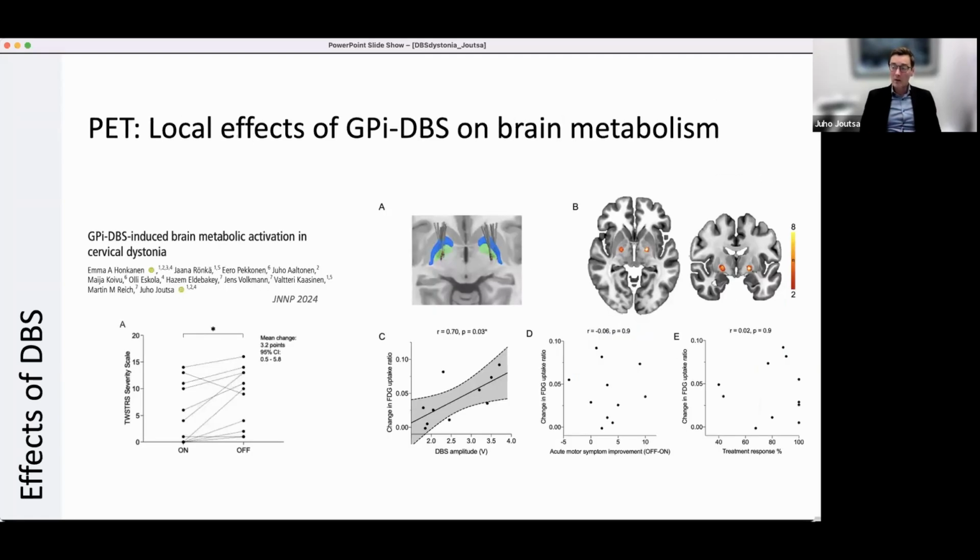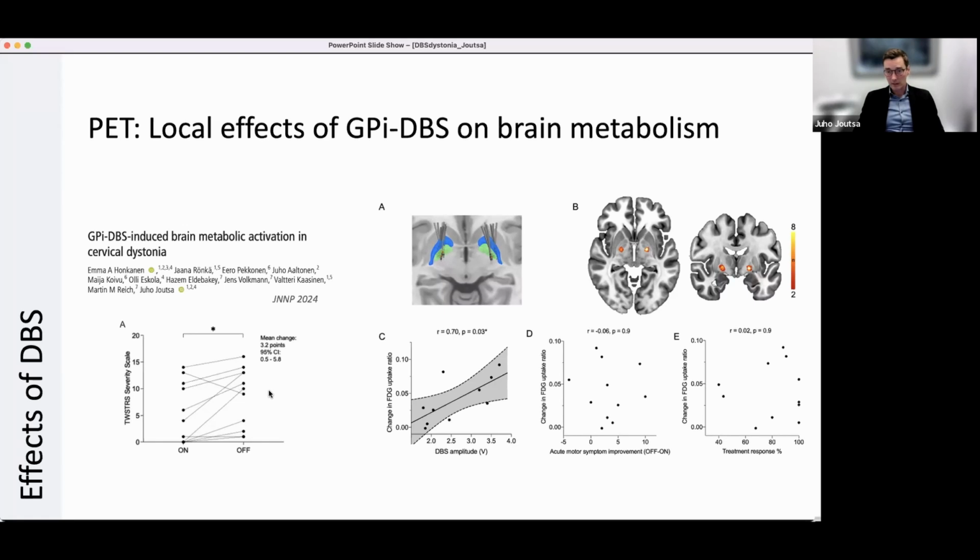There's an even more robust way to find the effects of stimulation using FDG PET. FDG, fluorodeoxyglucose, is a glucose analog, reflecting the glucose metabolism in the brain. And this is a very robust but still quite sensitive measure for focal activation in the brain.